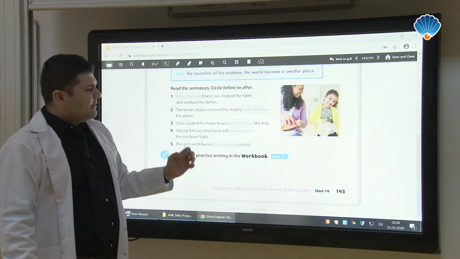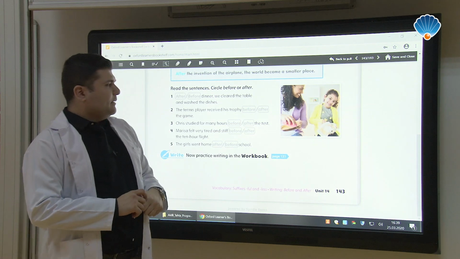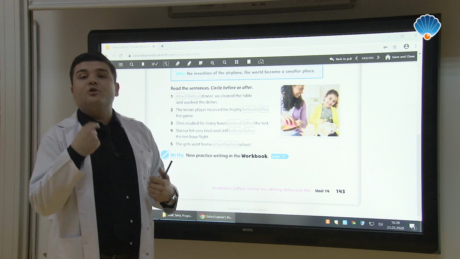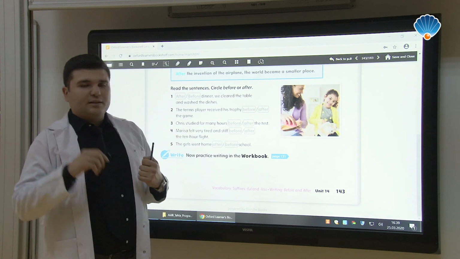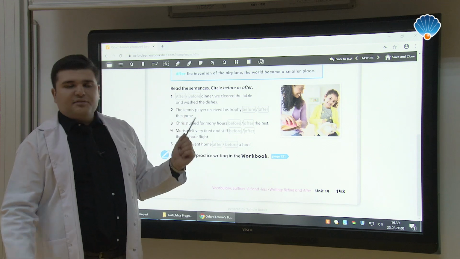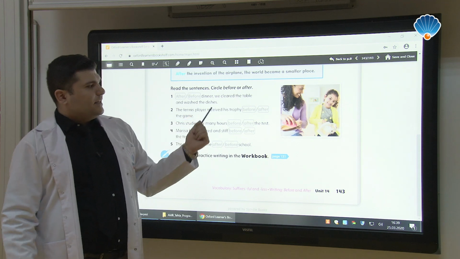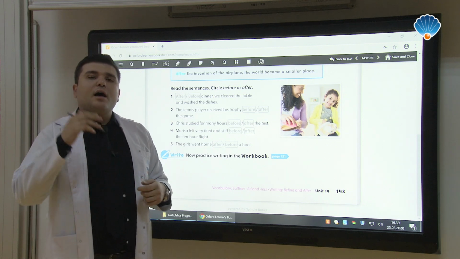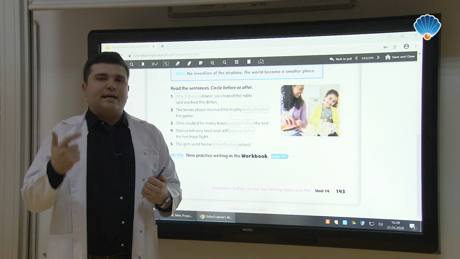Okay. Again, we have 5 sentences here, and it's important to read the whole sentence and then choose the answers, because it's very important to catch the meaning first. So now let's start together. After or before dinner, we cleared the table and washed the dishes. First you have to understand the sentence here.